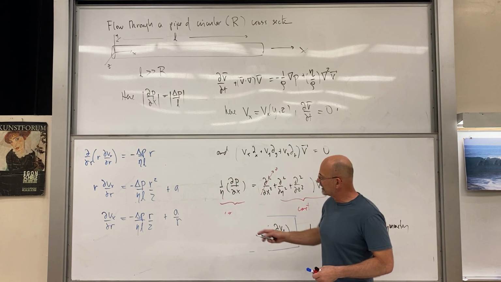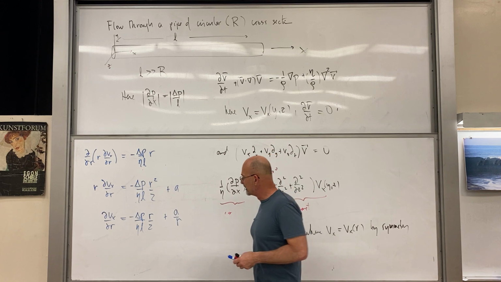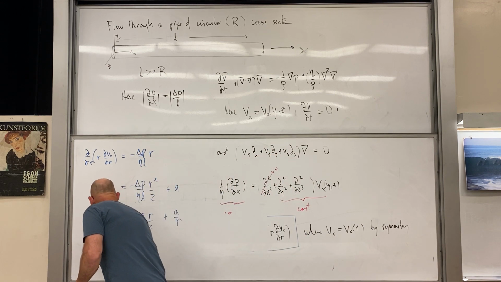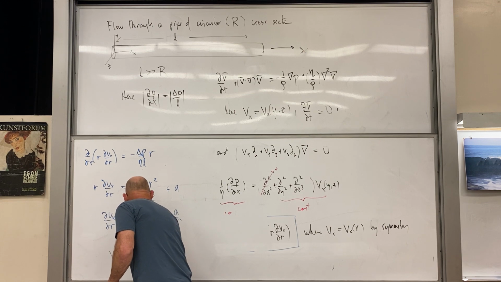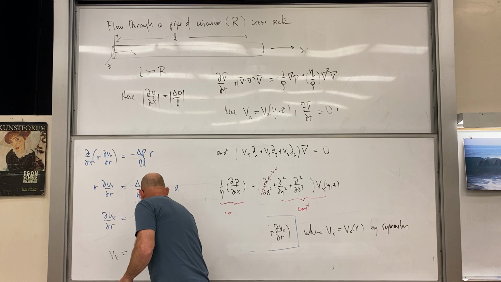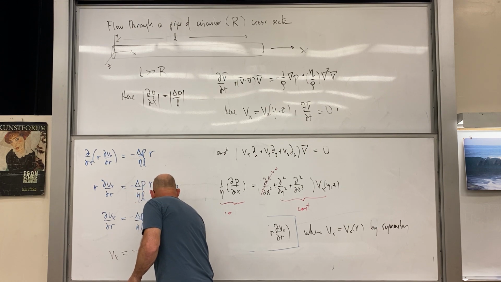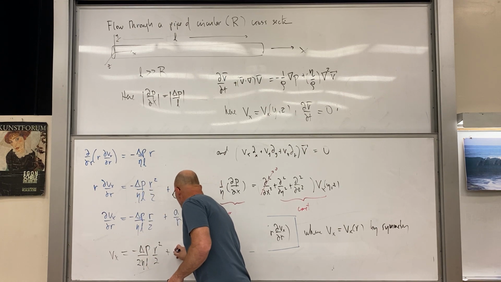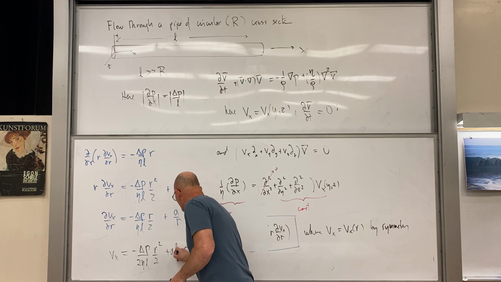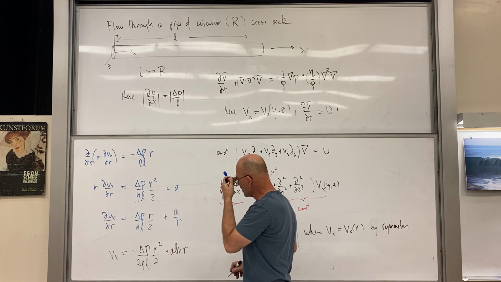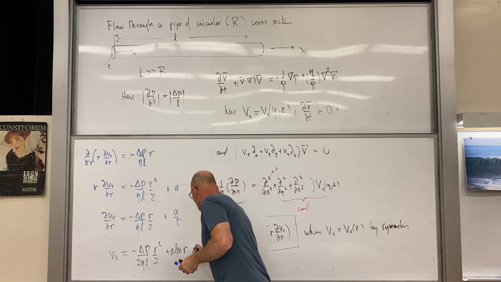Because now we're going to pick up a logarithm. So vx is equal to minus delta p over 2 a to l, r squared over 2 plus a natural log of r plus b.